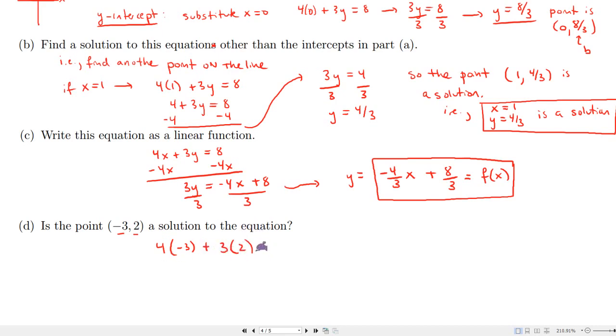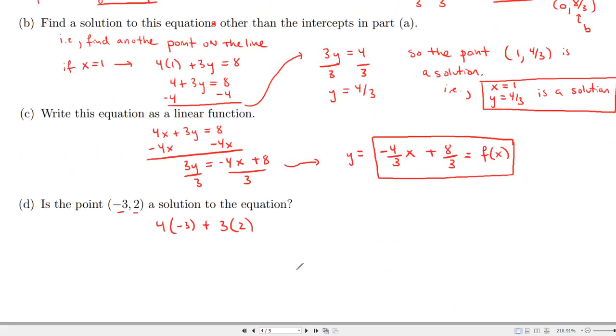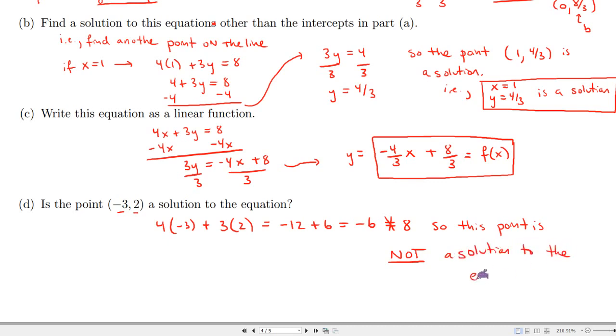If it was a solution, we should get 8, right? But let's see what happens. So this is equal to negative 12 plus 6, which is negative 6, and that is not equal to 8. So this point is not a solution to the equation.